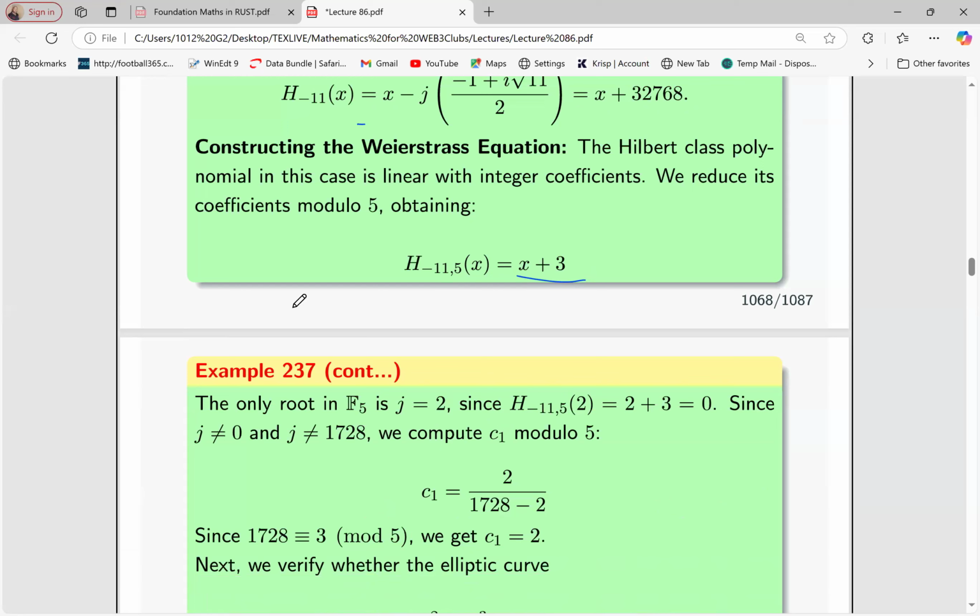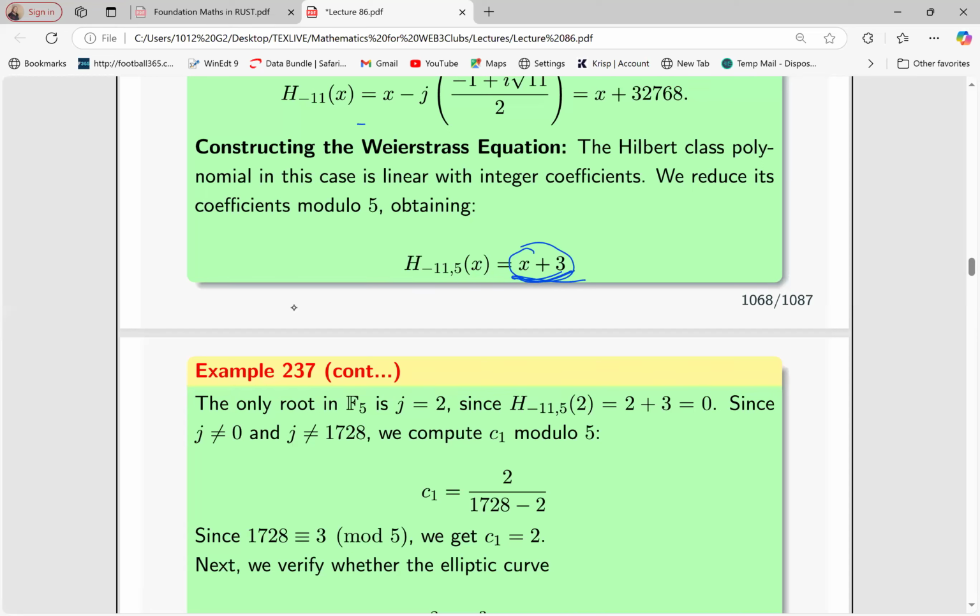Now, we've calculated our J invariant, and we found this. After finding this, we now want to find what x is. What is the value of x? And we are doing it mod 5.